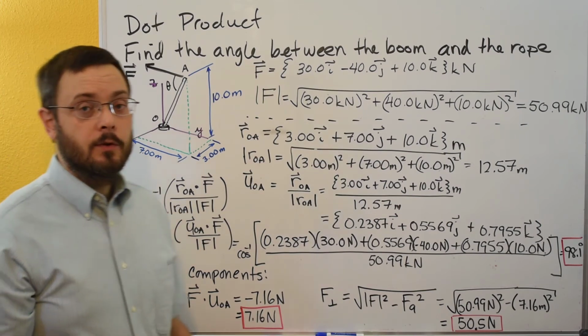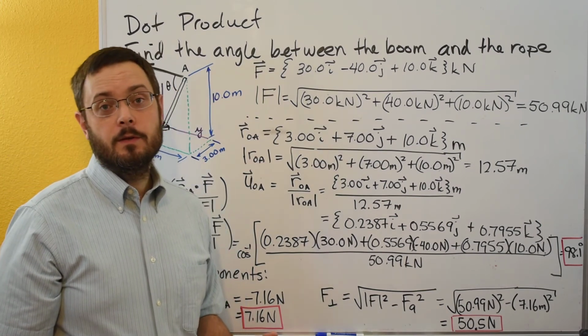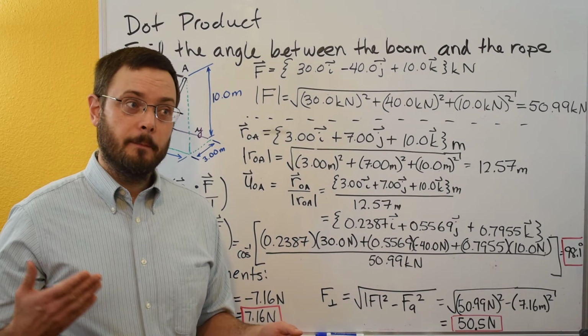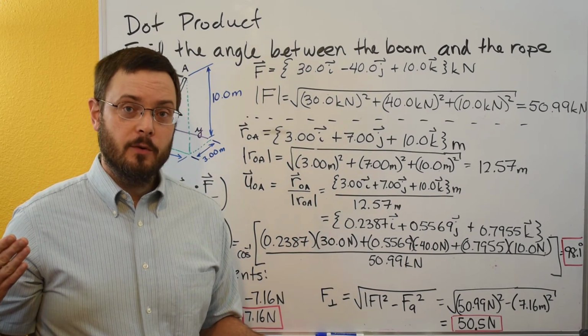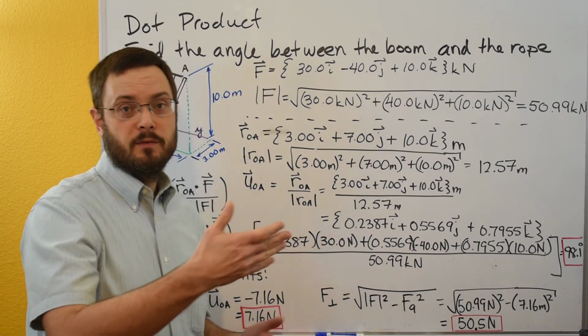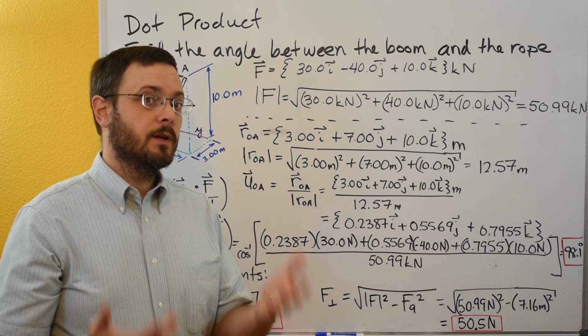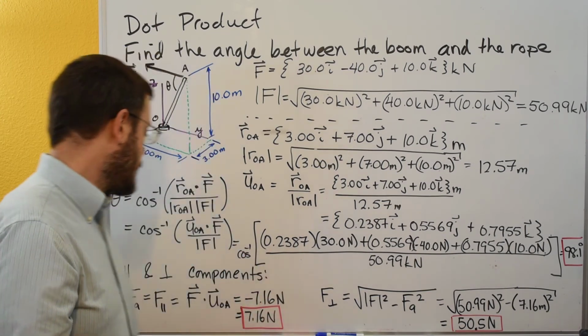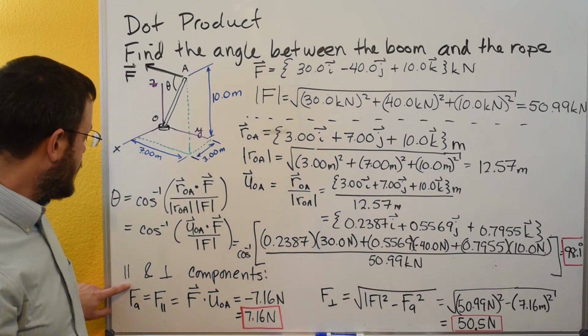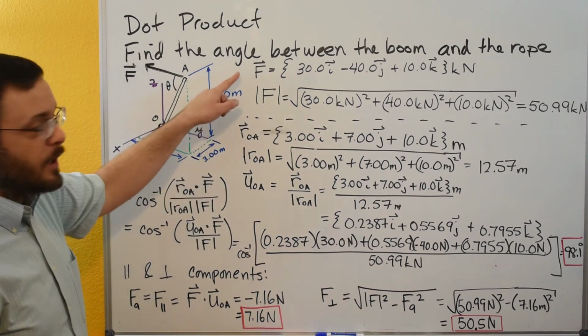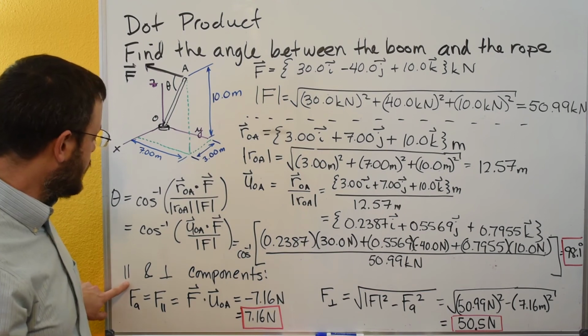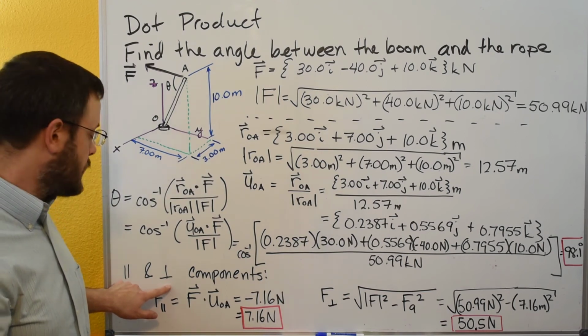The next thing we can do with dot products is determine the magnitude of a vector that's going in the direction of a second vector, and the magnitude of the vector that's going perpendicular to that second vector. So if we think about this, we're breaking the force vector F up into parallel and perpendicular components.